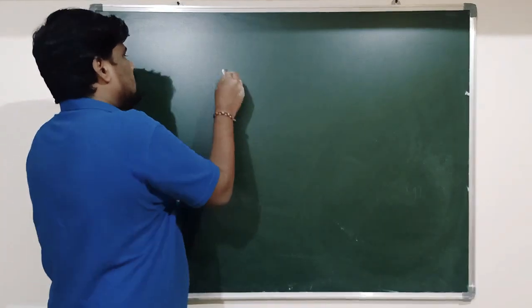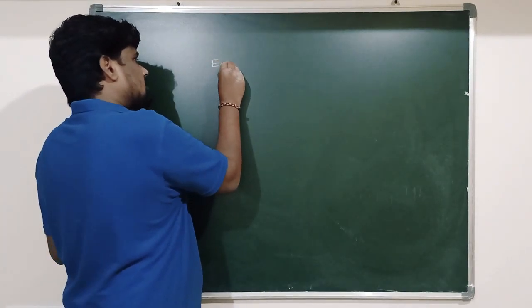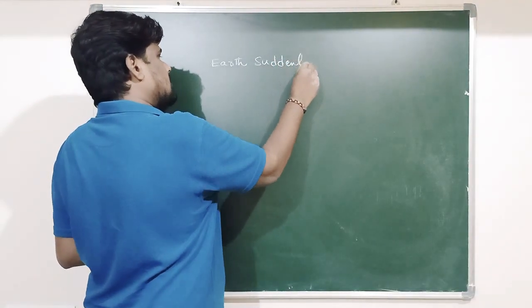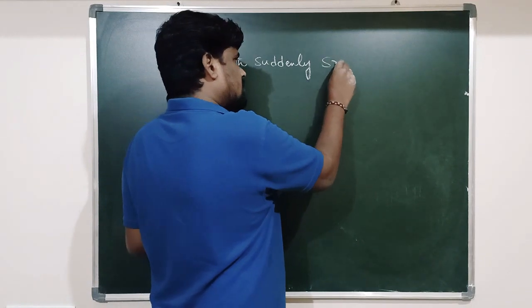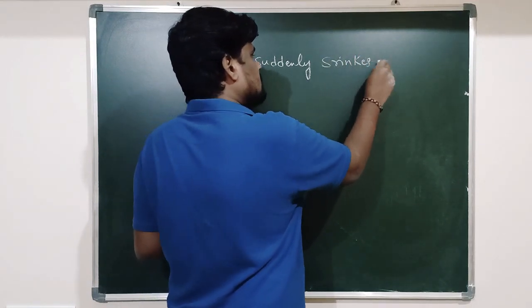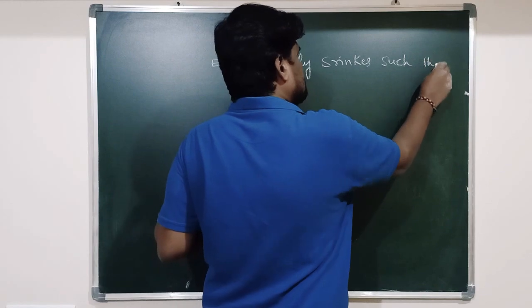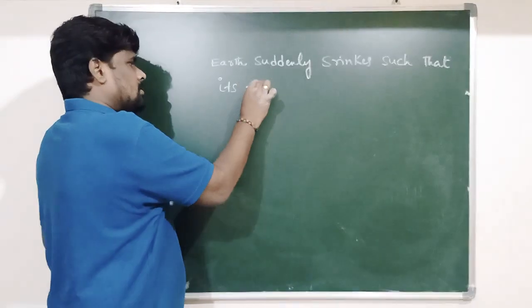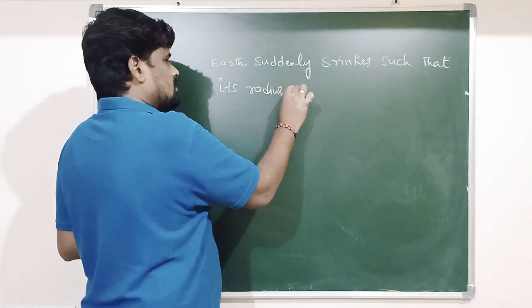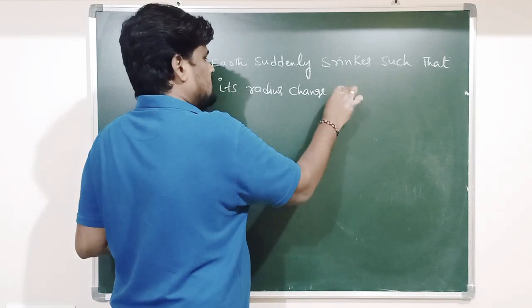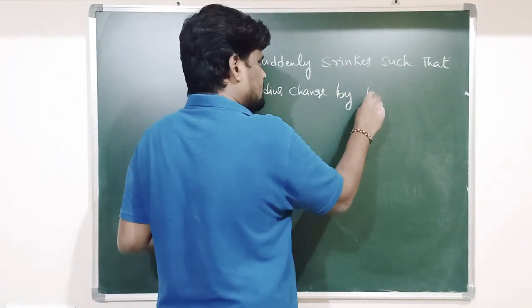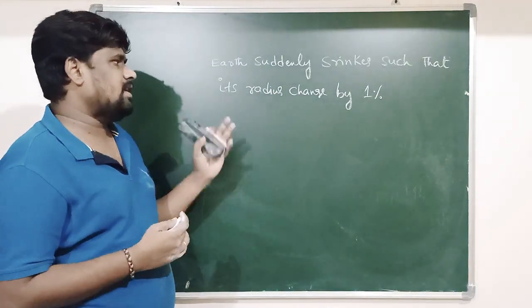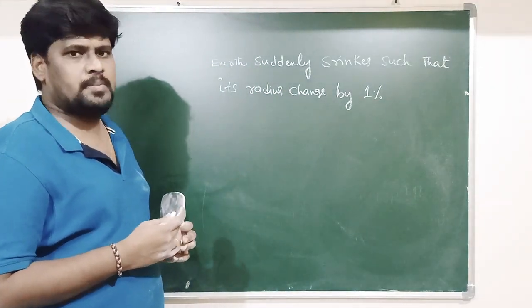Suppose the Earth suddenly shrinks such that its radius changes by 1%.